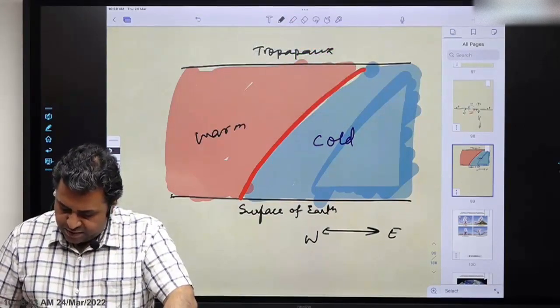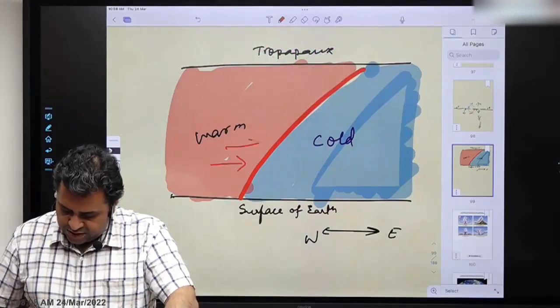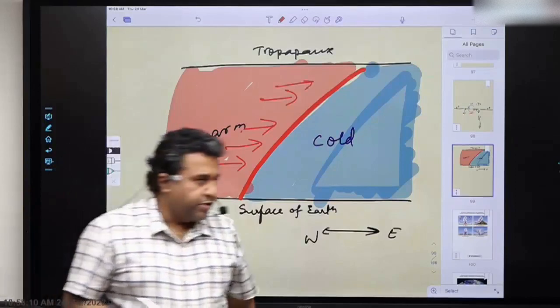And the warm air mass is pushing into the cold, like this.